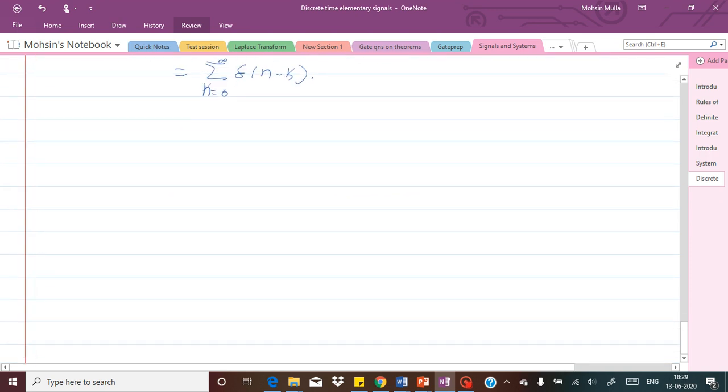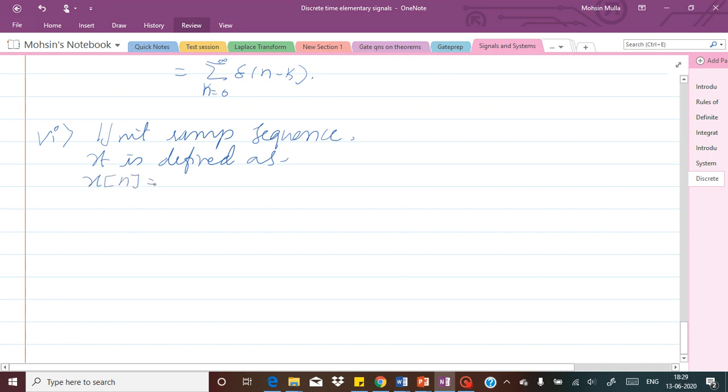Now the final type of discrete time elementary signal, the sixth one, is the unit ramp sequence. It is defined as x of n equal to n for n greater than or equal to 0, and this is equal to 0 for n less than 0.